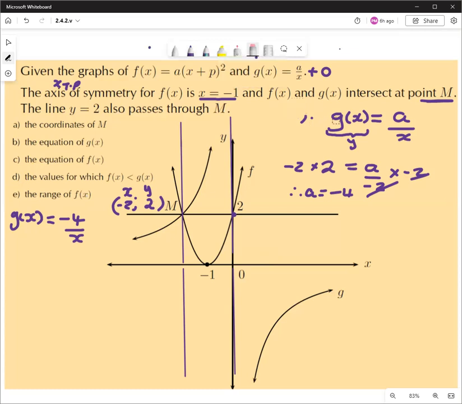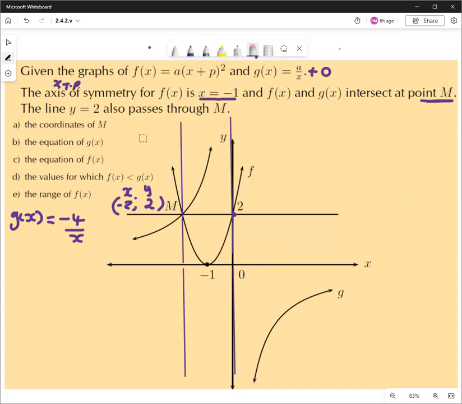So let's erase here to create space. And then now the third question, they want us to find f of x. So f of x, in the meantime, it's a times (x plus p) to the power 2, right? Usually it's always having a q here.